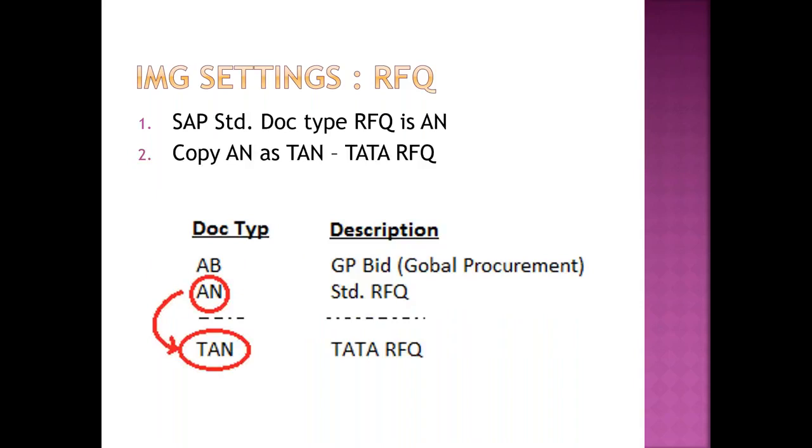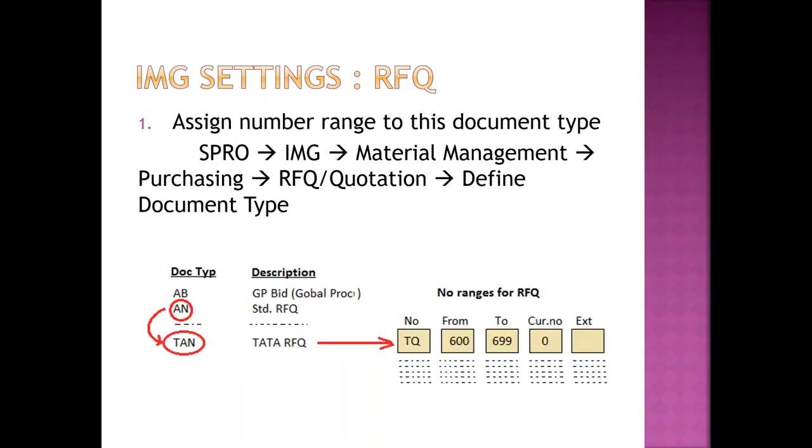Same old story. How we copied the standard material type ROH in the last class, how we copied the standard PR as our PR. In the same fashion here also, for the Nissan project, we are going to create the Nissan RFQ by copying the existing SAP standard document type AN. After that, we are going to assign the number range to it.